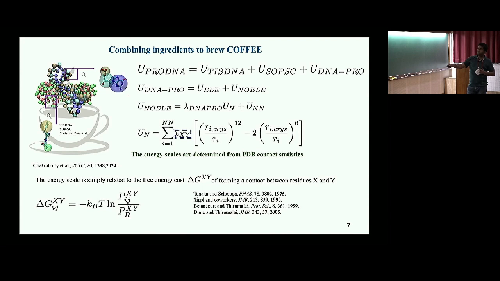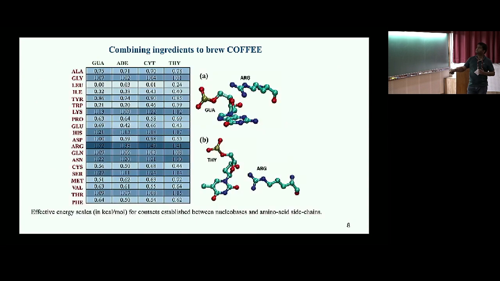This is the probability that a contact exists between X and Y of residue types I and J, and this corresponds to the random occurrence of X and Y. These kinds of potentials have been thoroughly discussed in the pioneering works of Shakhnovich, Thirumalai, and others. This is the table that we get from this exercise. As you see, the range is quite large for the different interaction energy scales. In fact, the strongest interaction is between guanine and arginine, as you can see from this scale.